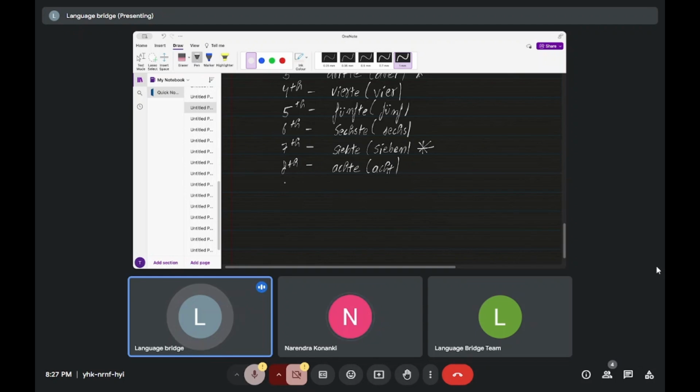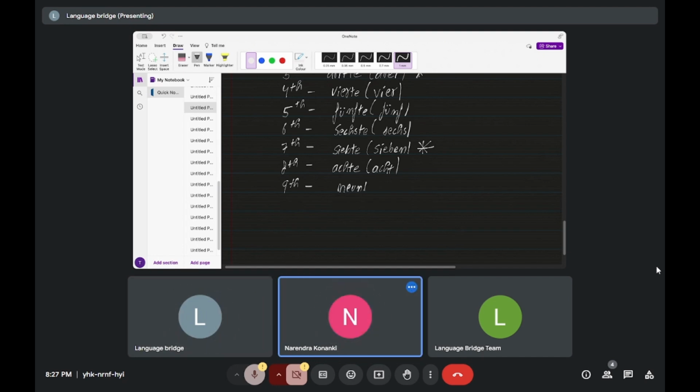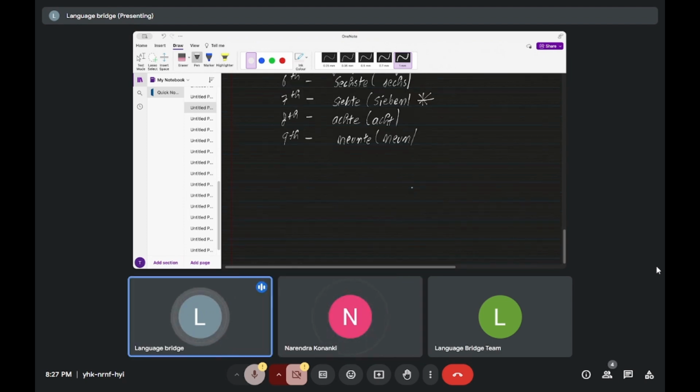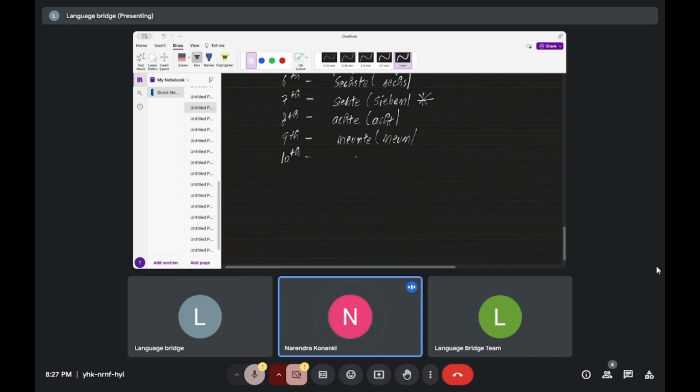And then ninth is neunte, which is nine. And then tenth: zehn, zehnte.